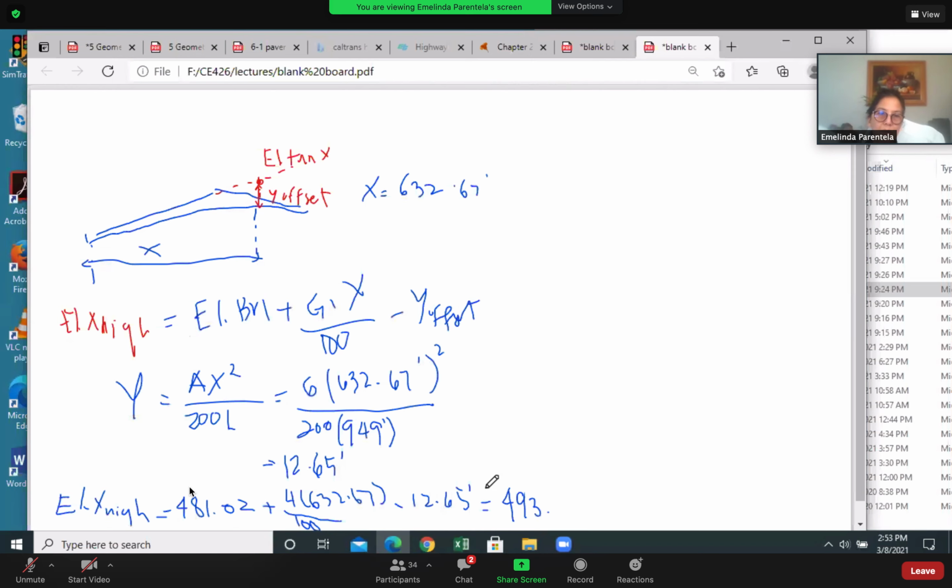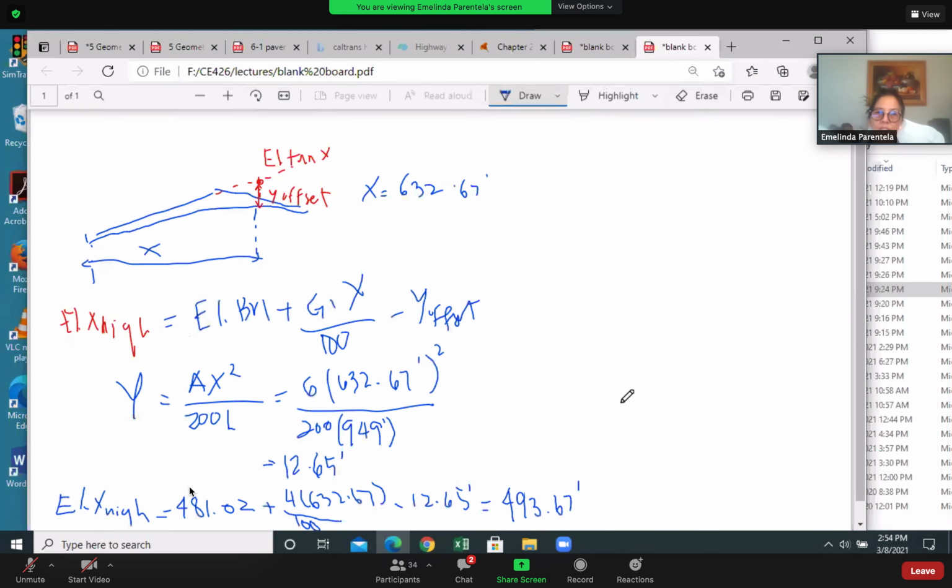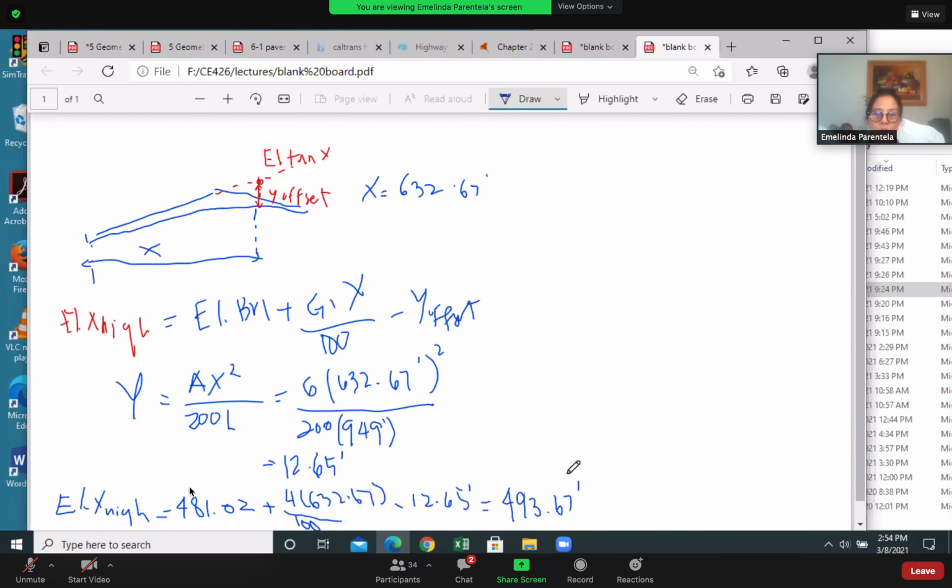It should be the same. So we got 493.67 feet. What did we get earlier? 493.67 feet. So that's one way of determining whether or not your calculation is correct.